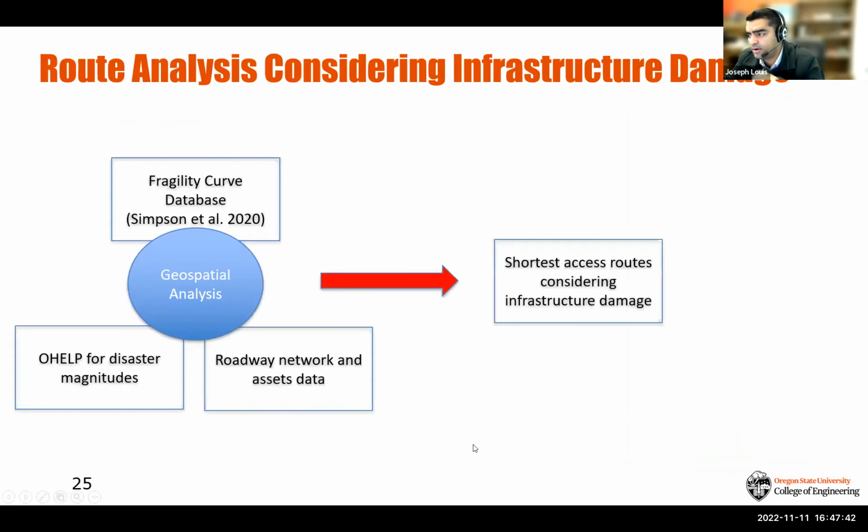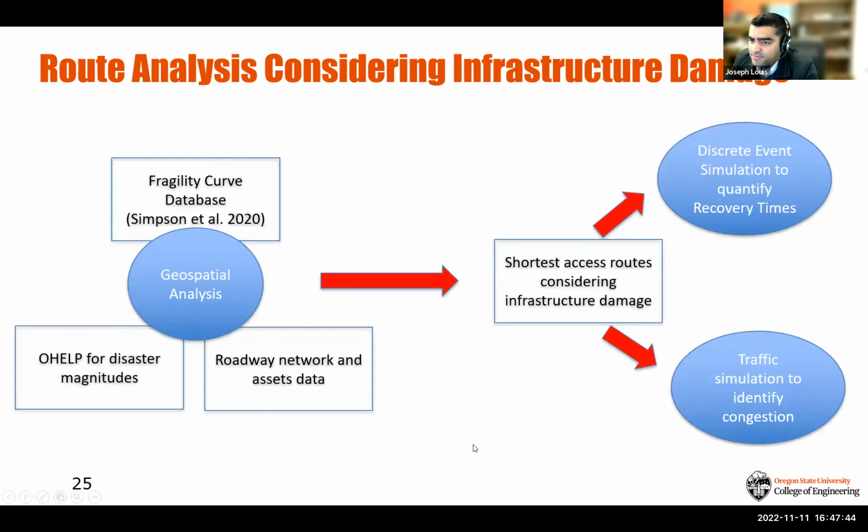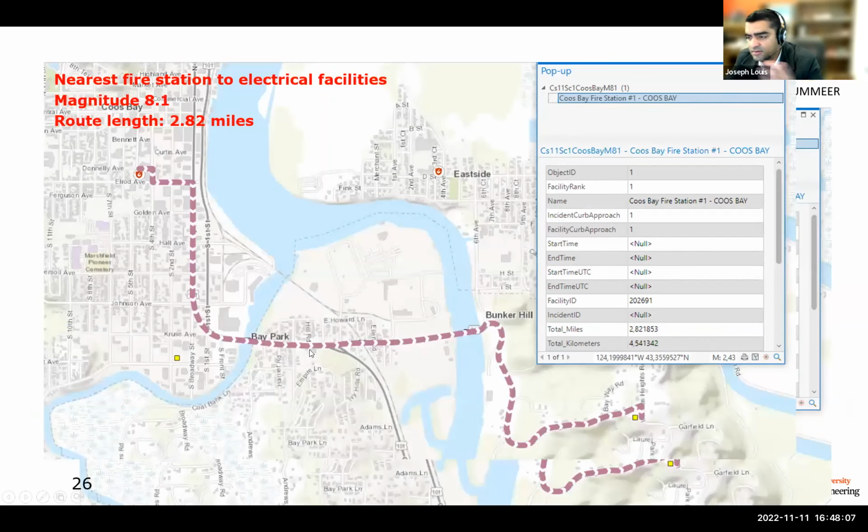And then we were able to identify the shortest path to go from one location to another after a disaster. And this itself is a very interesting area of study, I think, because we're really getting into some structural analysis to identify which bridges and which roads are in a serviceable condition, can provide service after a disaster. So this allows us to identify the shortest access routes. And just a quick illustration of this, this is for another coastal town in Oregon.